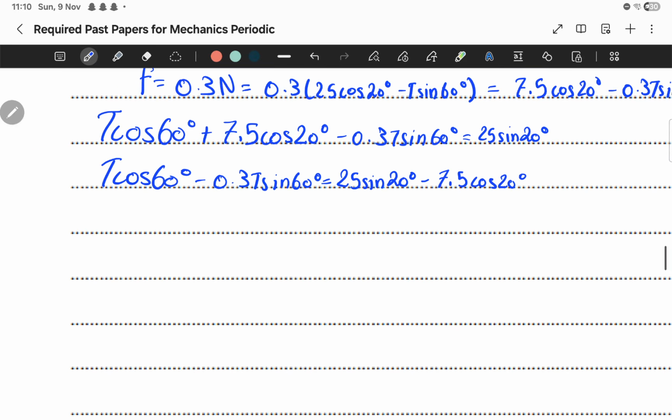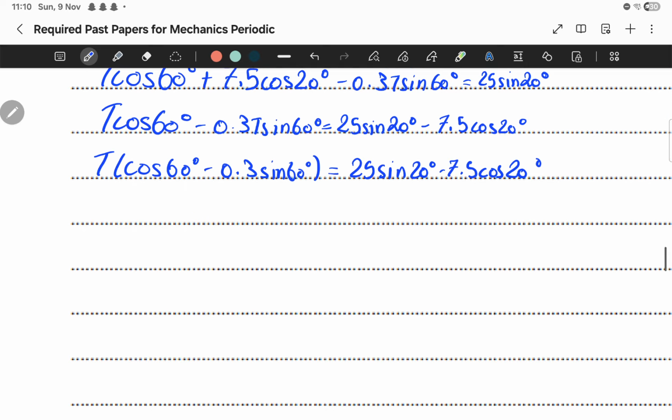Okay, so you can factor out T: cosine 60 minus 0.3 sine 60 equals 25 sine 20 minus 7.5 cosine 20.